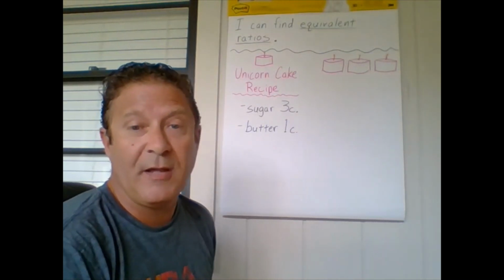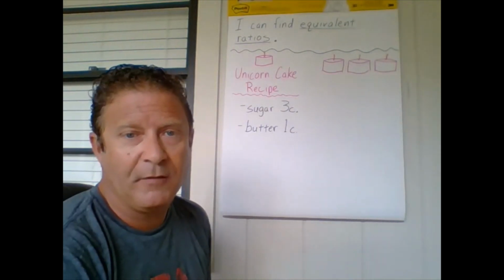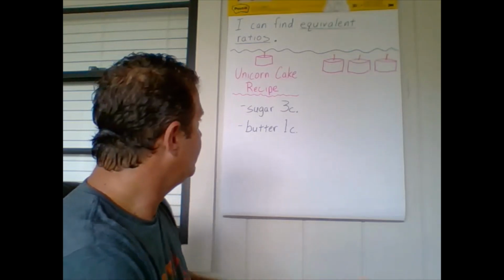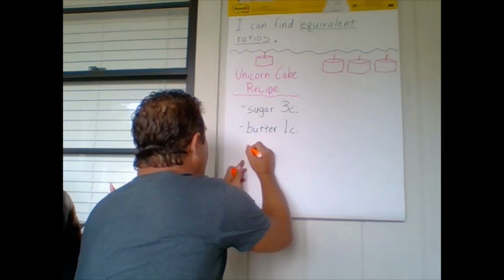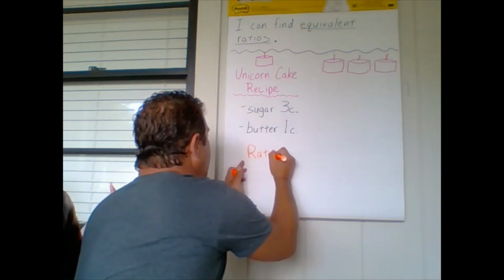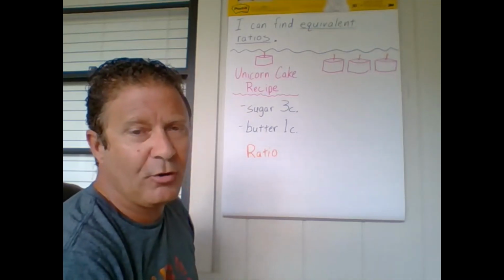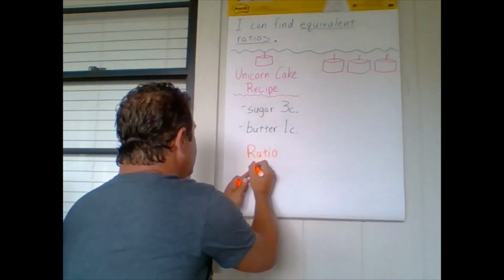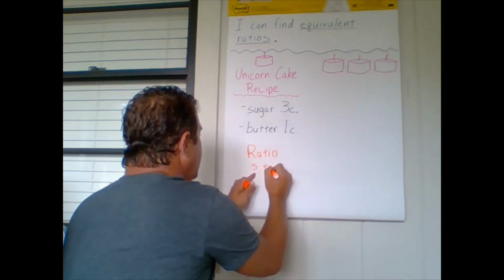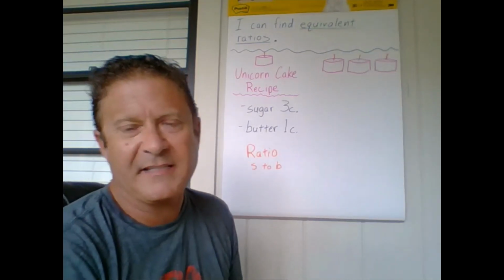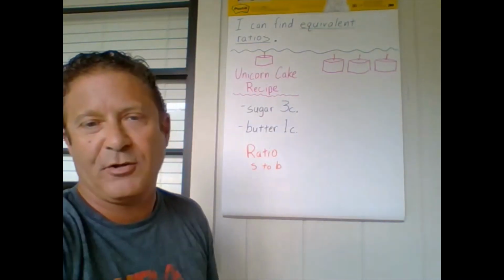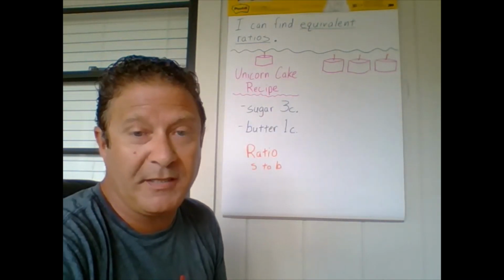So I could say here that my ratio of sugar to butter, and I'm just writing S to B there so you know that I'm talking about my ratio of sugar to butter, because the order matters.